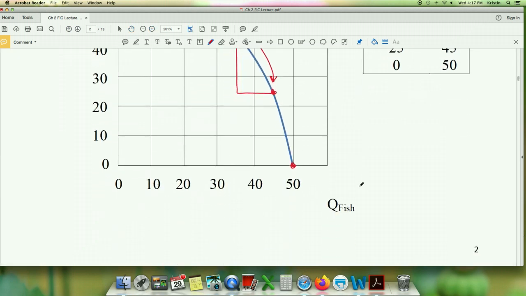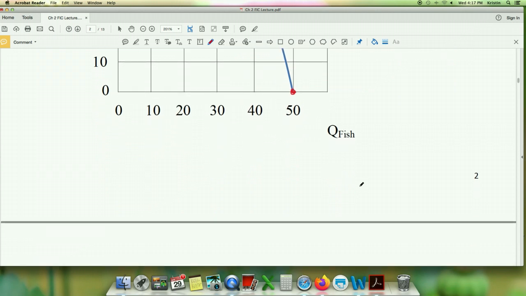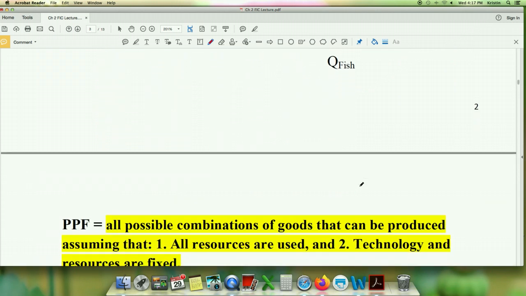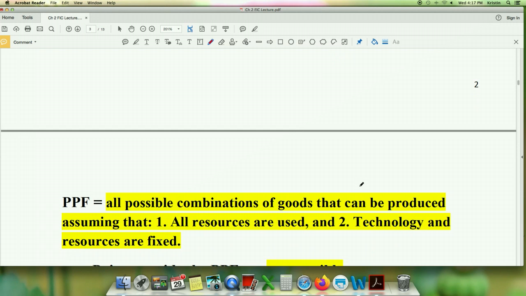Okay, so on the next page is a definition for the production possibility curve. All possible combinations of goods that can be produced, assuming that, so we're going to assume that all the resources are used, right? They're being efficient.